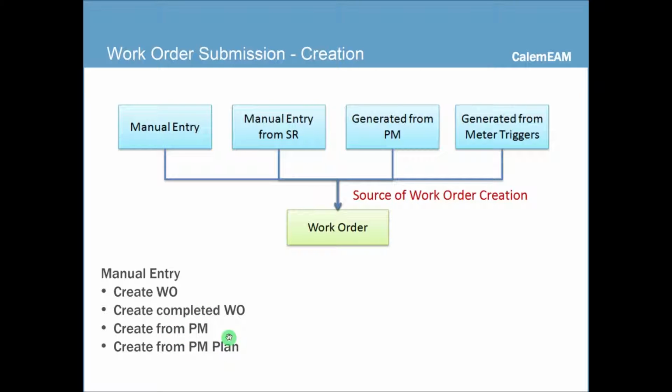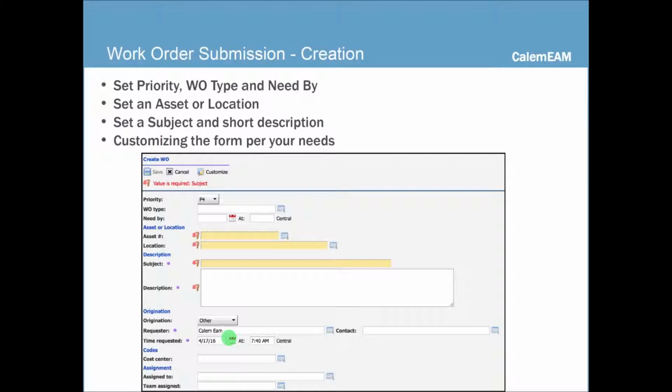So they would copy over all the permits, steps, safety, labor, parts, etc., all the information over. For creation, you just use the simple create work order menu, set the priority, work order type, and when the work order needs to be completed, pick an asset or location, a short description, and a subject line, and you can just save it.